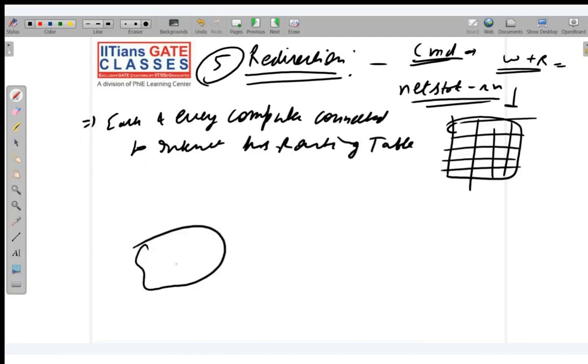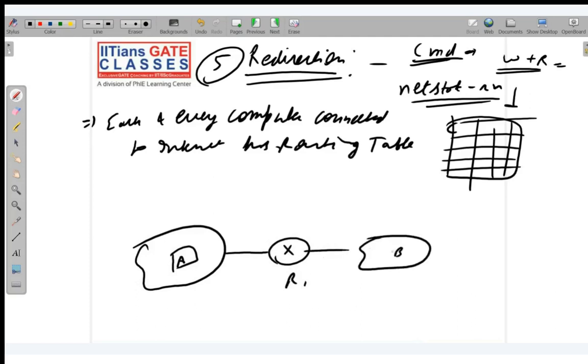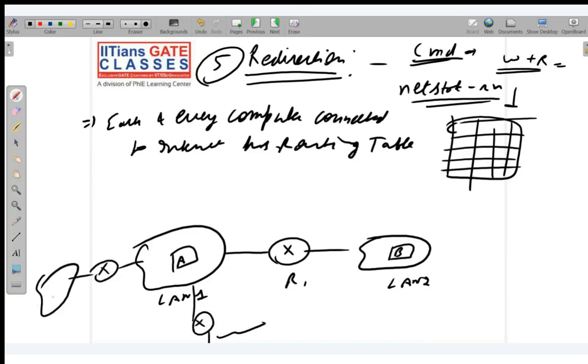Now imagine a scenario. We have a LAN here and we have a computer A. This LAN is connected to another LAN via router R1, and in this LAN we have computer B. So this is LAN 1, this is LAN 2. This LAN 1 might be connected with other routers and other LANs and so on. And this LAN is connected with router R2, and this router R2 is connecting this LAN with the entire internet.